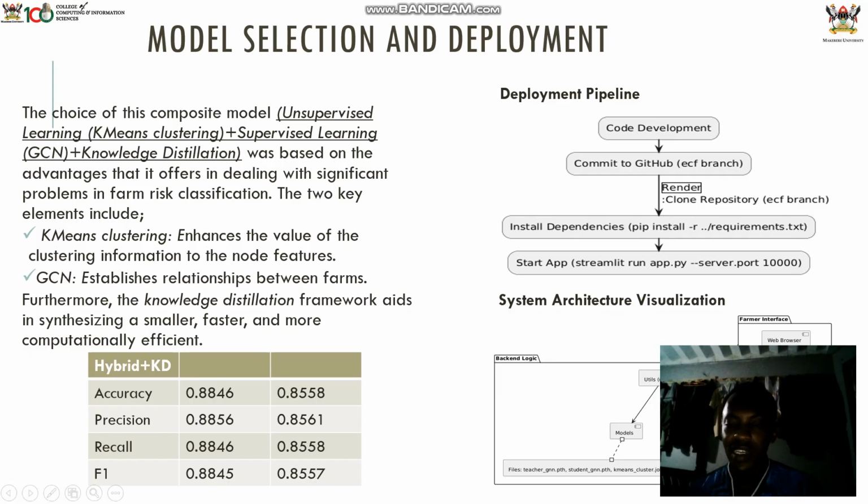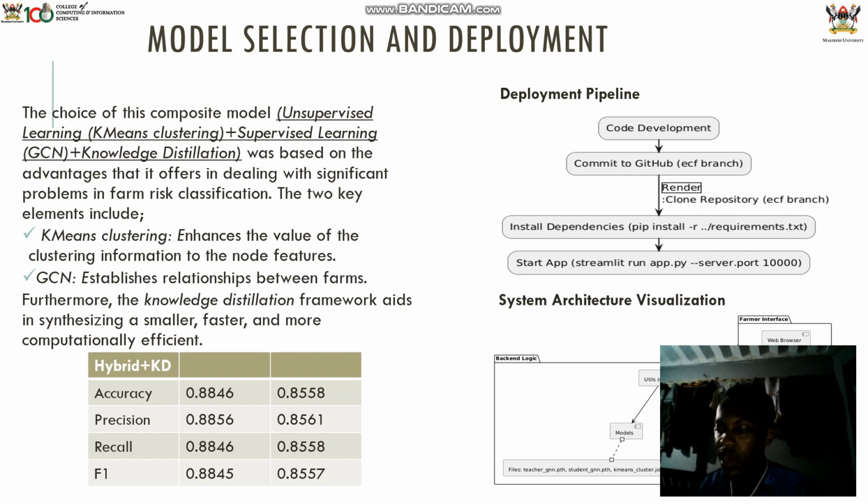And for the system architecture visualization, we have the farmer interface where the farmer accesses the app via a browser, and Streamlit handles the user inputs, displays predictions, and provides educational resources. For the backend logic, utils.py contains load models and the teacher and student graph neural networks, which are useful for predictions.